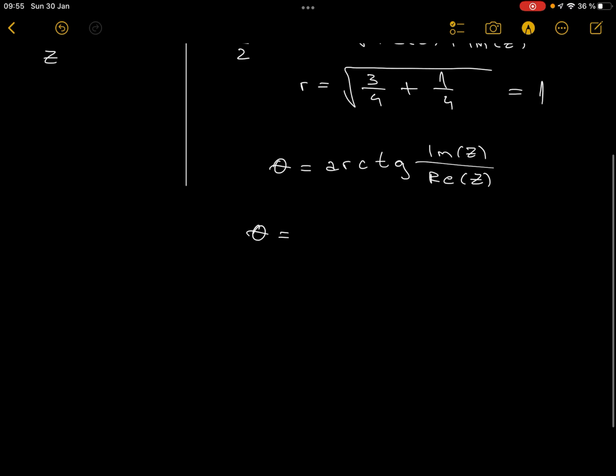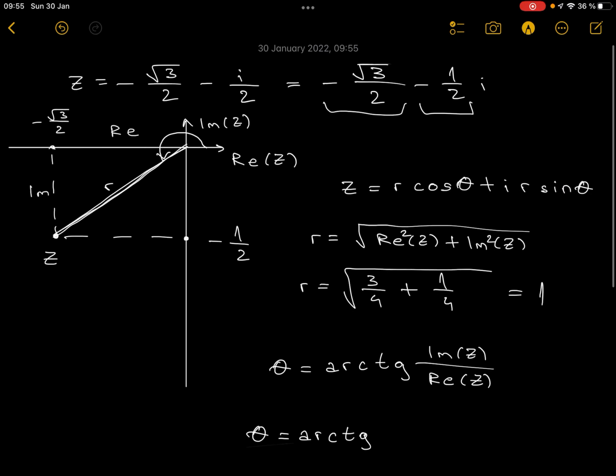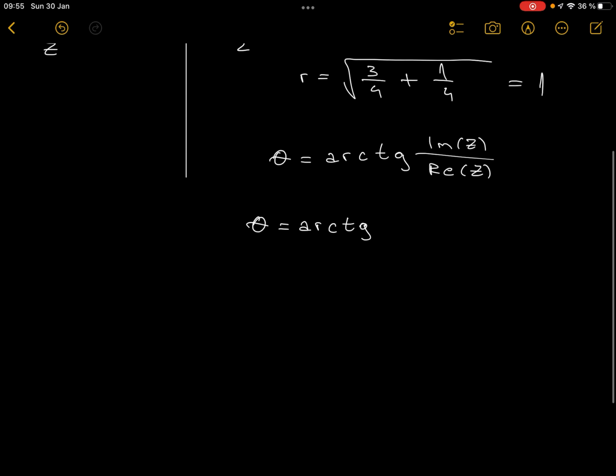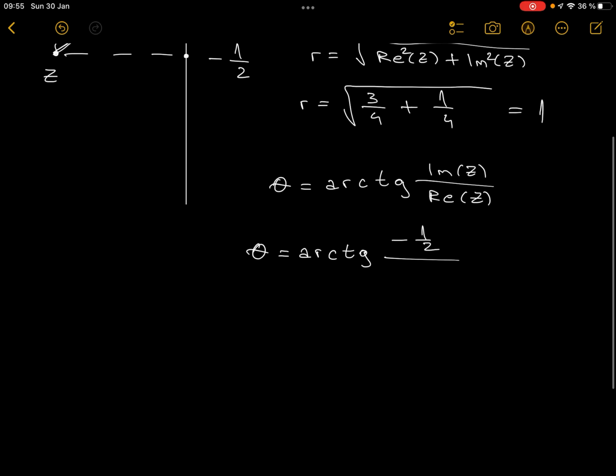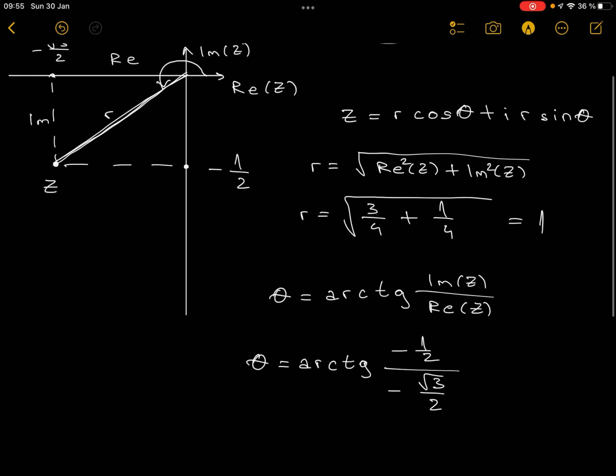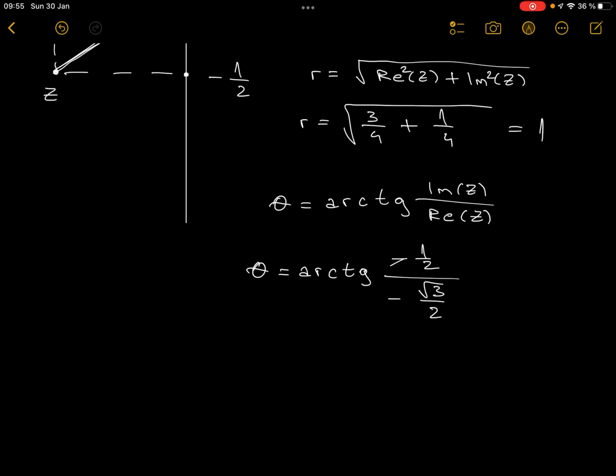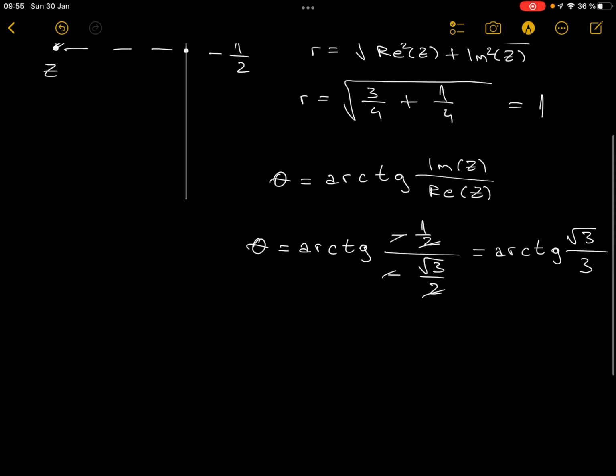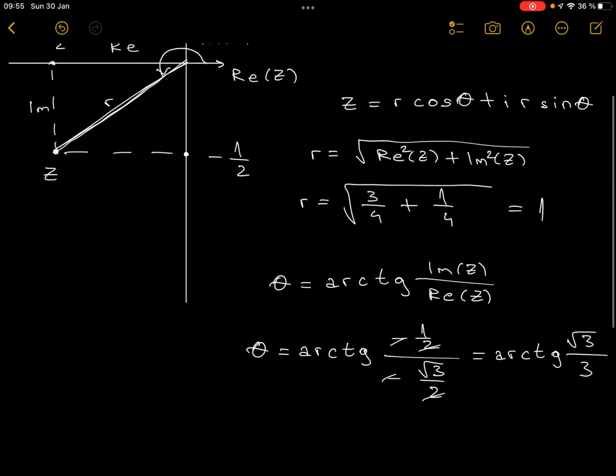So theta is the arctangent of the imaginary part of z, which is -1 over 2, over -√3 over 2. So the minuses will cancel out, the 2's will cancel out. So that's the arctangent of the square root of 3 over 3 once you rationalize it.